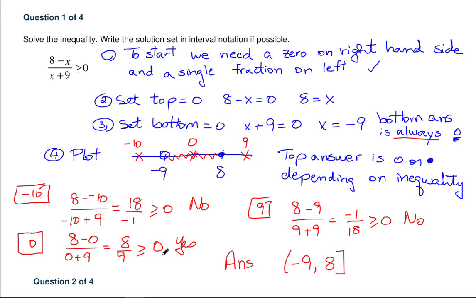That's positive, and that is greater than or equal to 0. And if I try the 9, I'd get a minus 1 over 18, and is that greater than or equal to 0? The answer is no. So what works? Well, all this stuff in the middle, and that's minus 9 to 8. 8 is included. That's why there is a bracket.